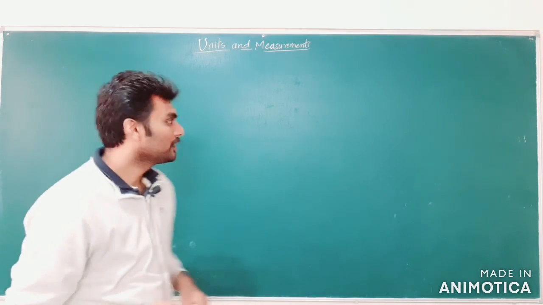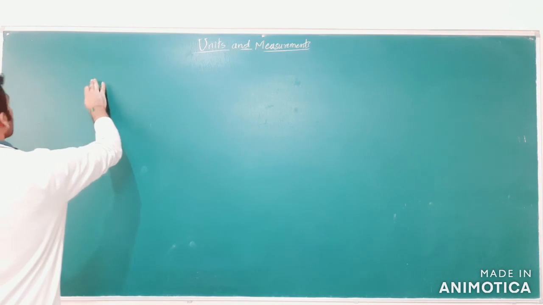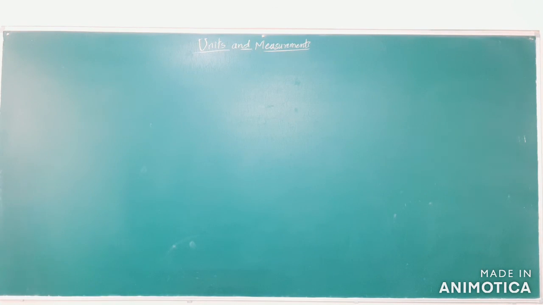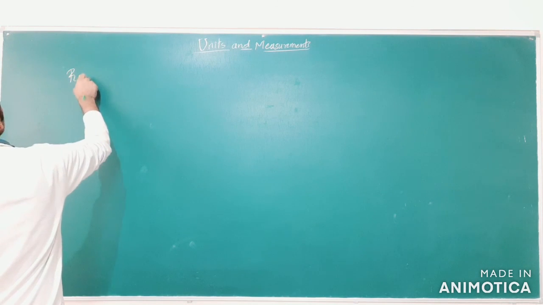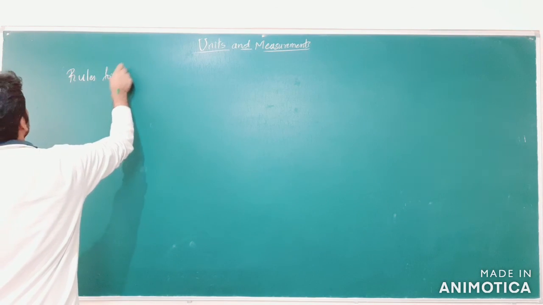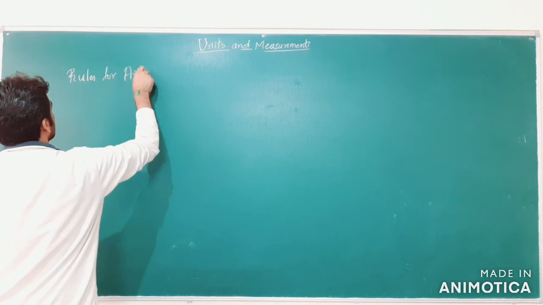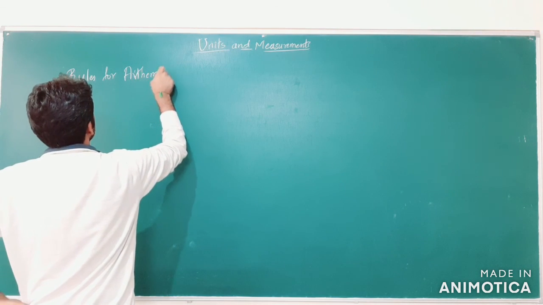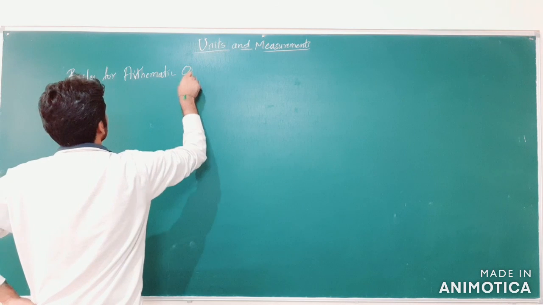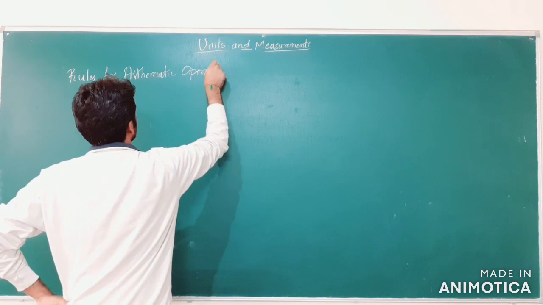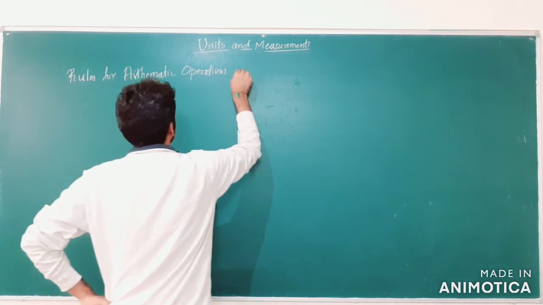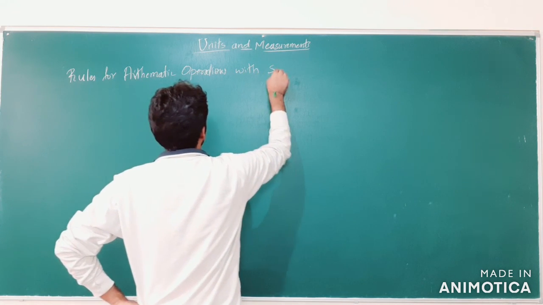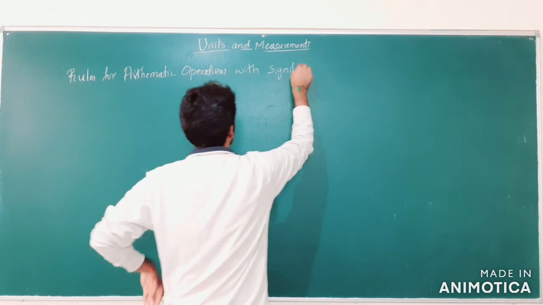So now it's about rules for arithmetic operations with significant figures.